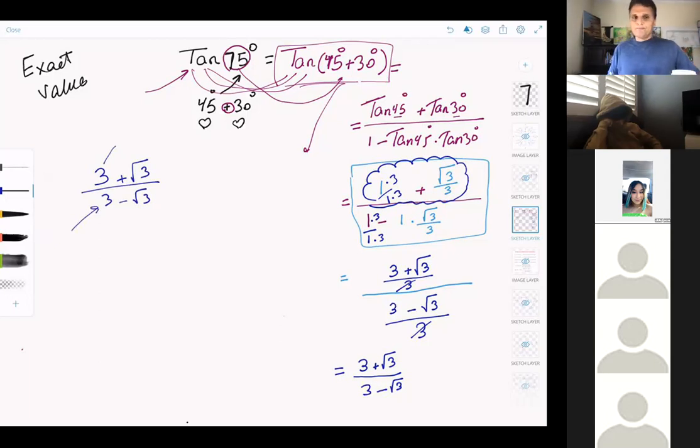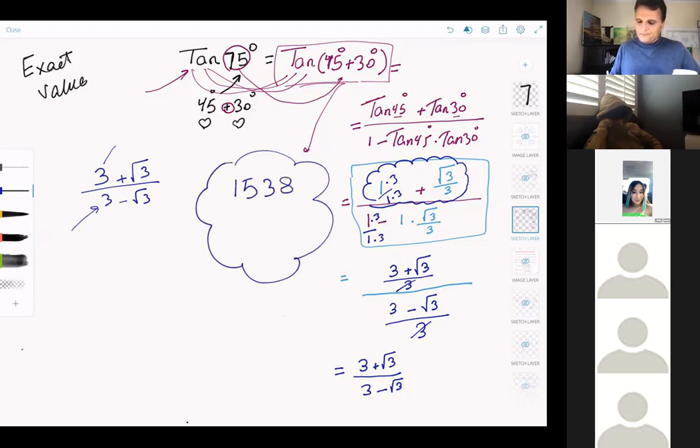If you cancel the 3, this is the same as if I have 1,538 divided by 32 and I cancel the 3. Is that bad?